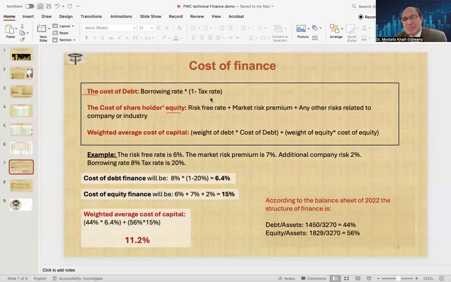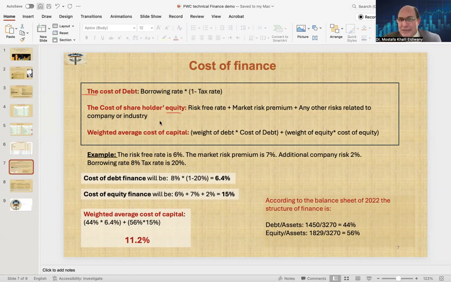You are not taking this benefit from equity finance, because when you pay the shareholders dividends, you pay it from net profit after tax. So the cost of debt is the borrowing rate times 1 minus the tax rate to get the tax savings from using this option of finance, which is the debt finance.